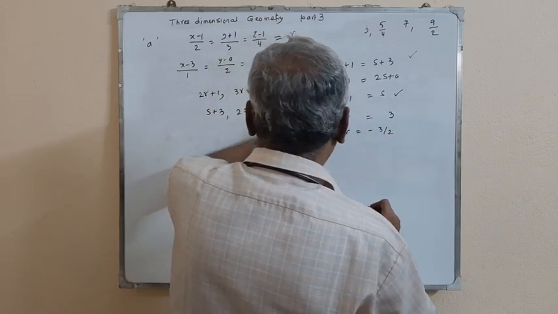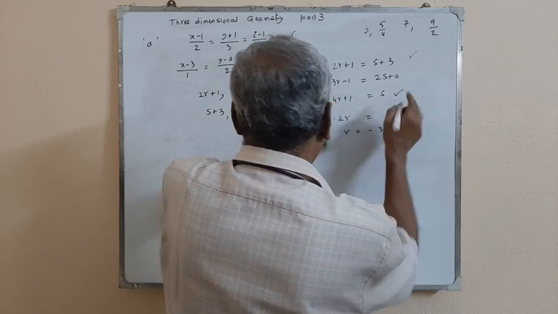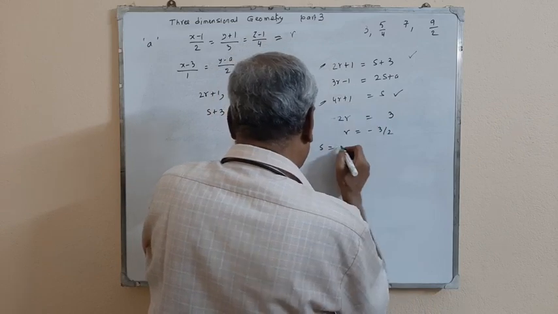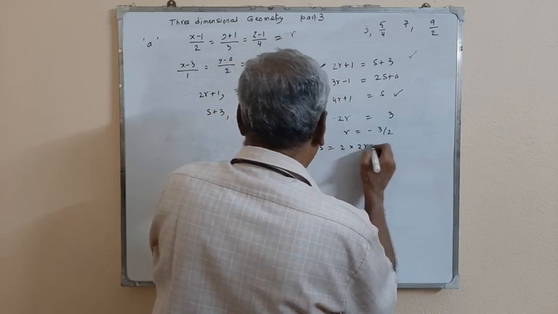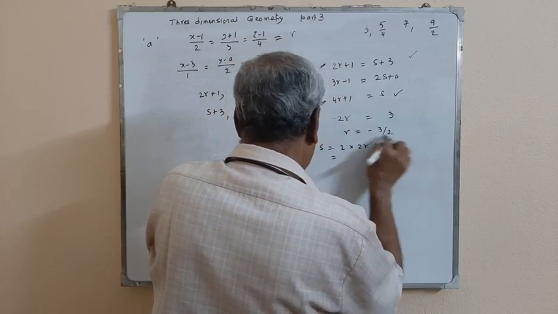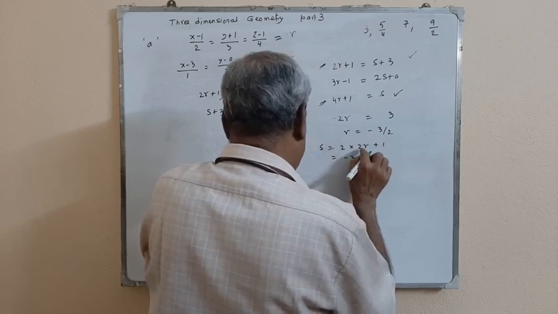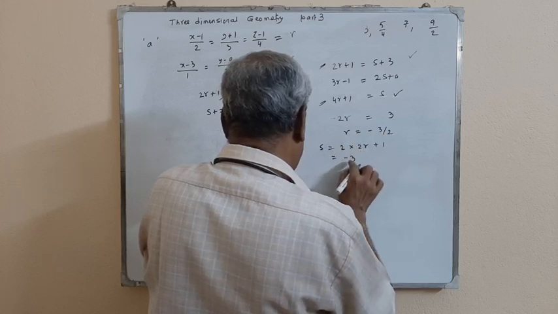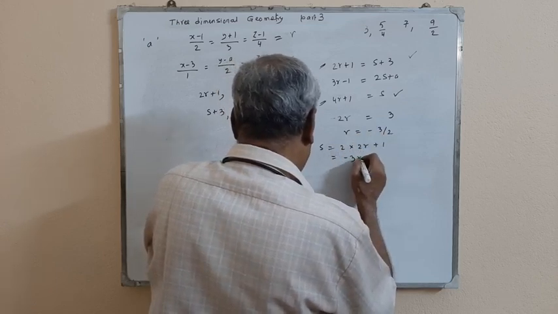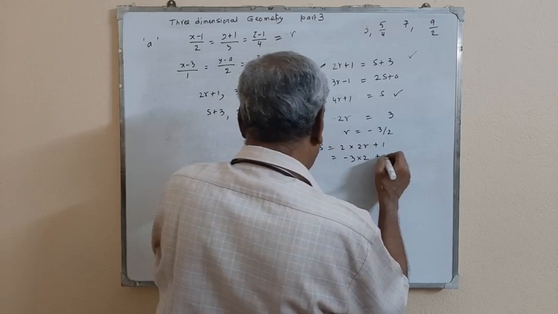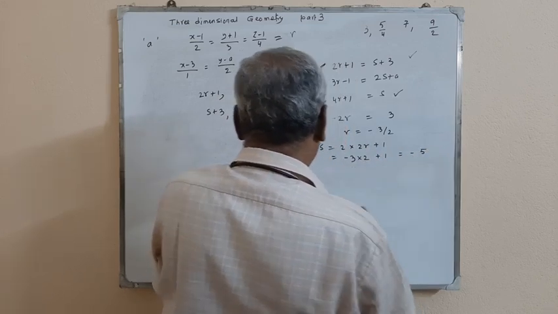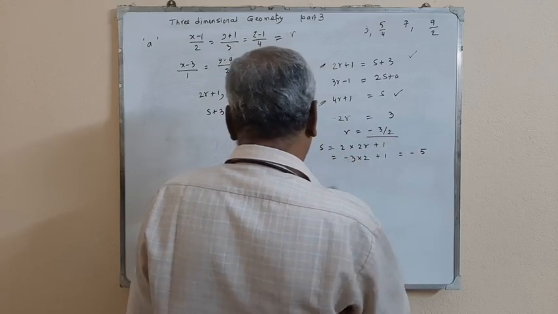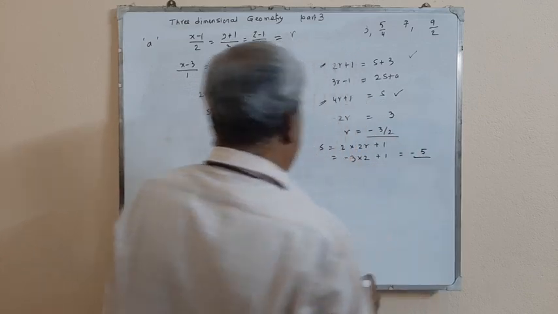Putting this value of r, we get s is equal to 4r plus 1, that is 2 into 2r plus 1. 2r means minus 3, so 2 into minus 3 plus 1, so that it is minus 5. So we get r is equal to minus 3 by 2, s is equal to minus 5.